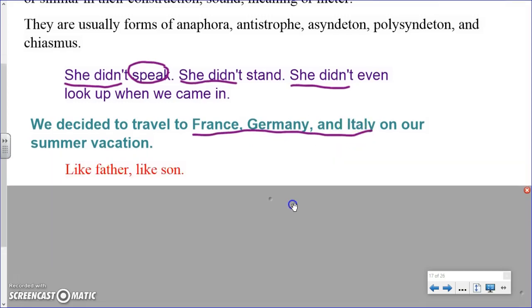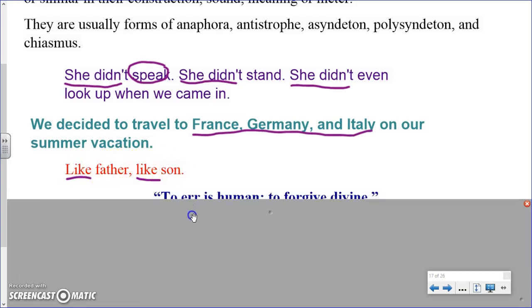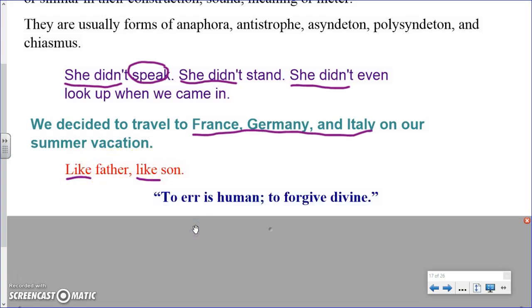Okay, the next one, like father, like son. So you have this idea that both of them have an anaphora. They start with the "like," so you have the verb and then you have the noun. So that fits in there because they're in the same structure itself. This next one, to err is human, to forgive divine.